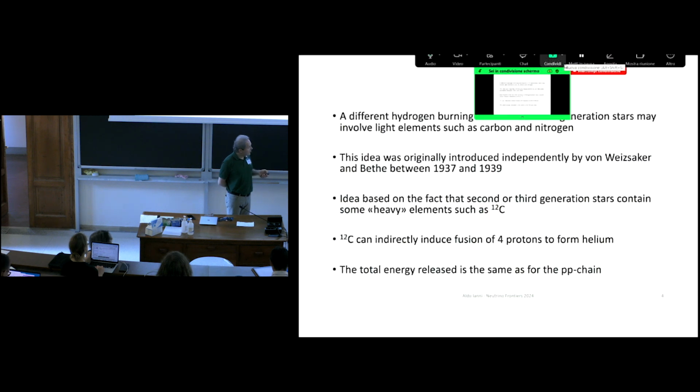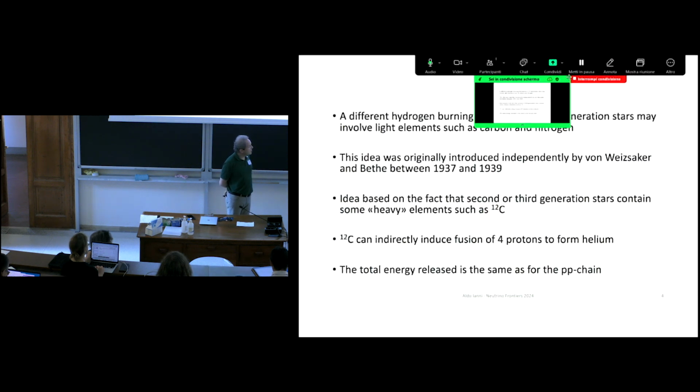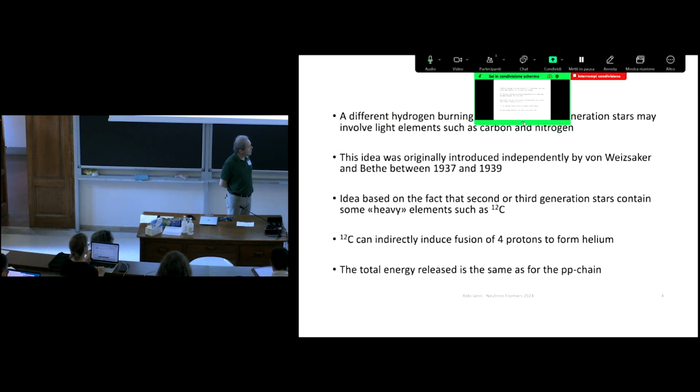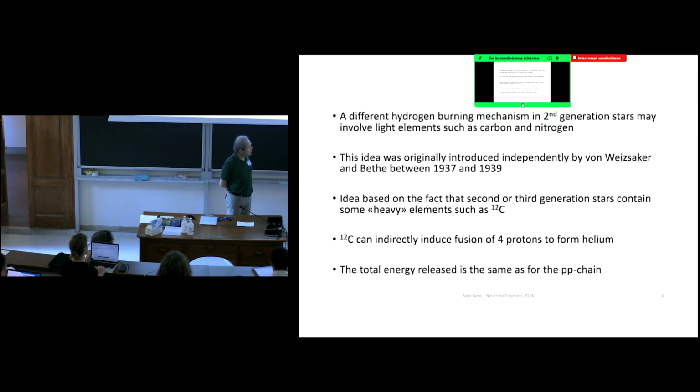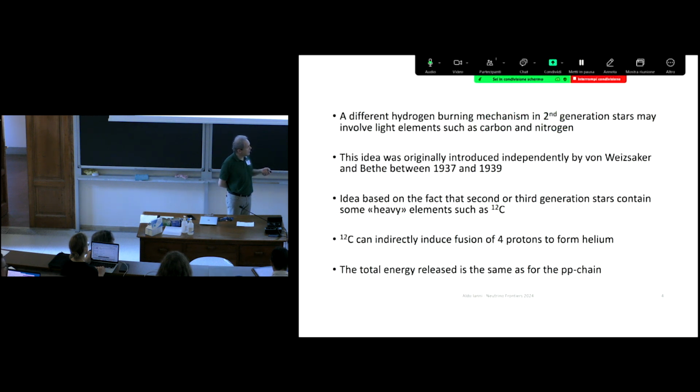However, there is another process which was introduced independently a long time ago, between 1937 and 1939, by von Weizsäcker and Bethe, taking into account that in second generation stars there is some carbon and nitrogen in the core of the star, and this can give rise to the same fundamental process, turning hydrogen into helium.